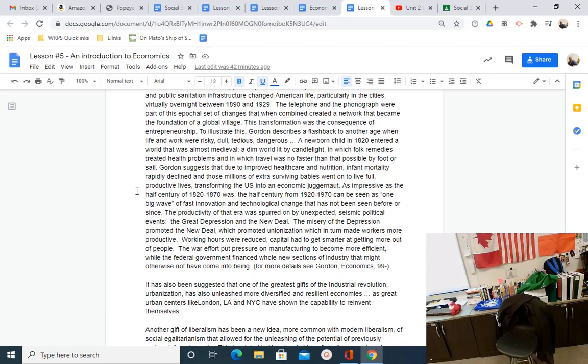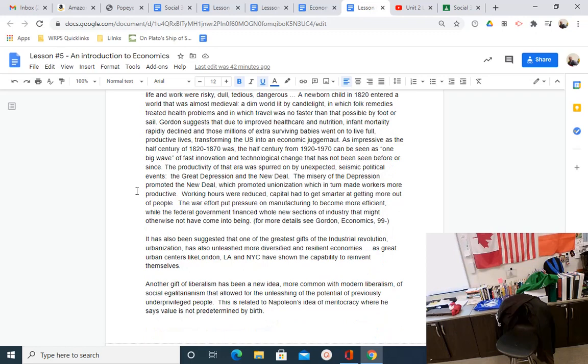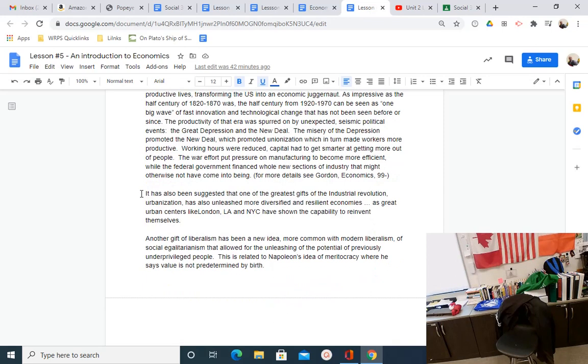The misery of the Depression promoted the New Deal, which promoted unionization, which in turn made workers more productive. Working hours were reduced, so capital had to get smarter about getting more out of people. The war effort put pressure on manufacturing to become more efficient, while the federal government financed whole new sections of industry that might otherwise not have come into being.